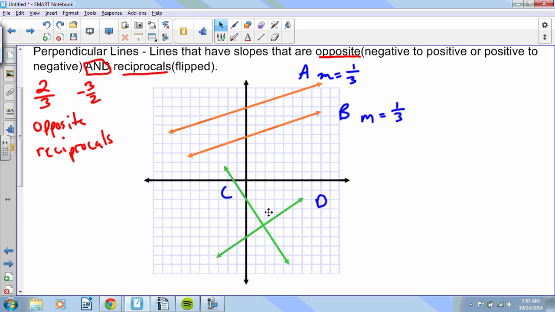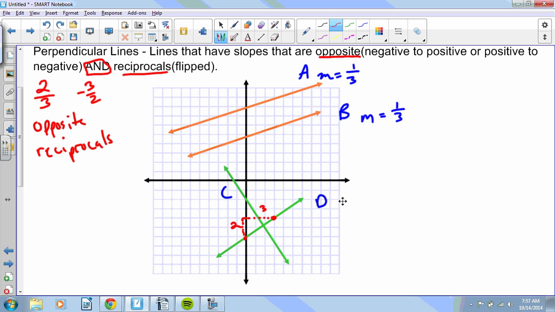Perpendicular, on the other hand, means they form a 90-degree angle. So I look at this, that forms a 90-degree angle. And C and D, if I look at the slopes of these two lines, I'm going to pick this point right here and this point right here. That is going up and then over. That went up 2 and ran 3.